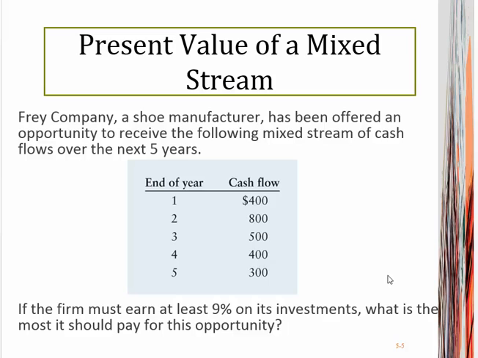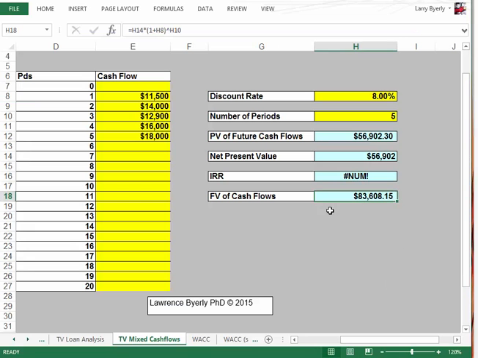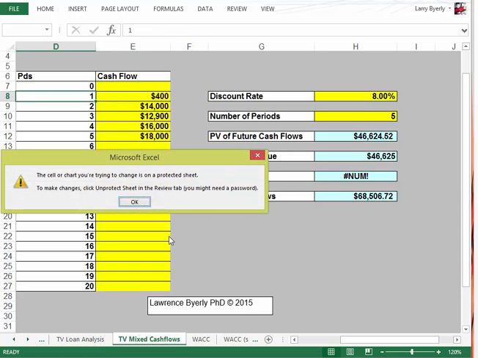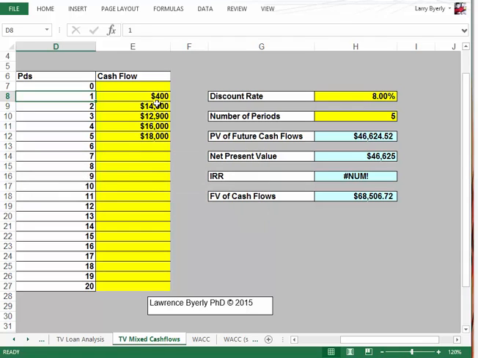Again, same question. Now we're working backwards again. What's the present value? What's this project worth if they were going to receive these cash flows? So let's go back to the project: 400, 500, 400, and 300.